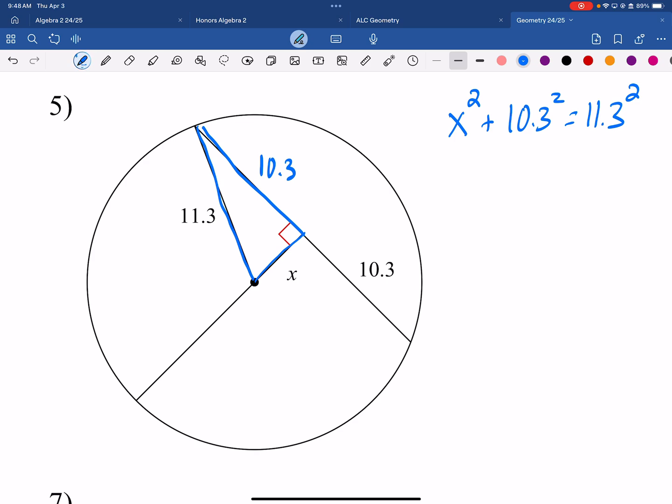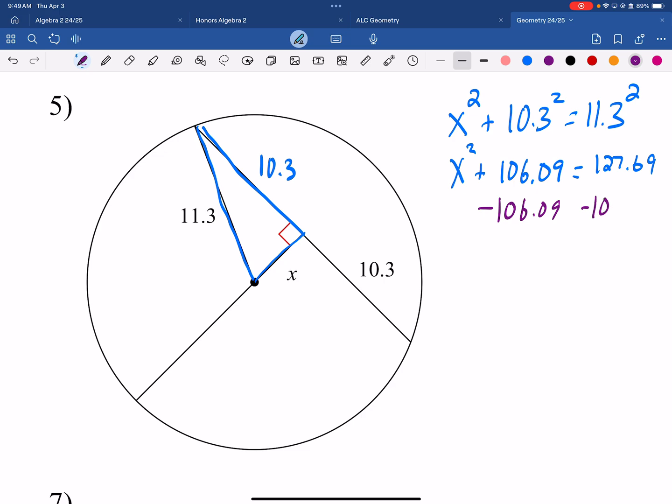So 10.3 squared. So x squared plus 106.09 equals 11.3 squared, 127.69. Solve the equation, subtract 106.09. Everybody see what I'm doing?